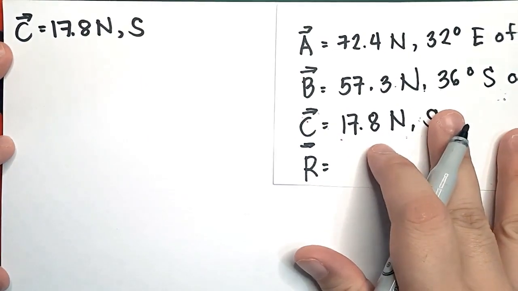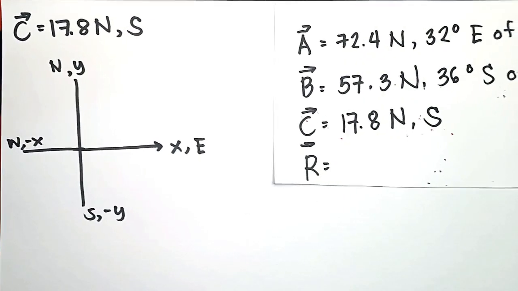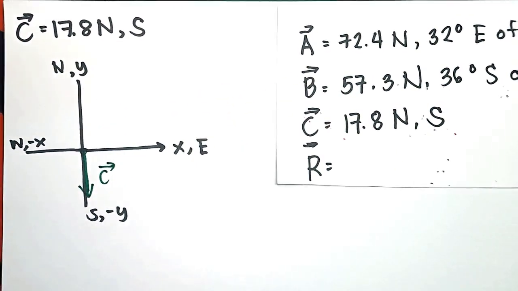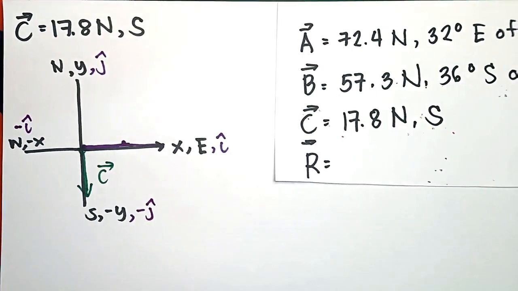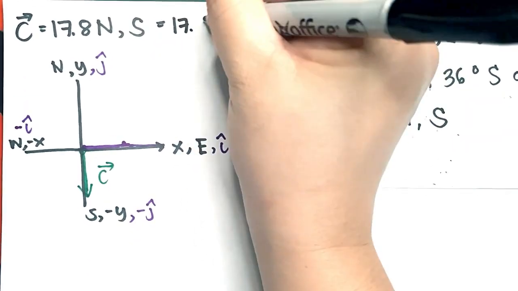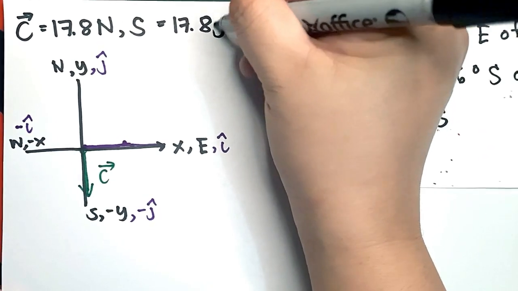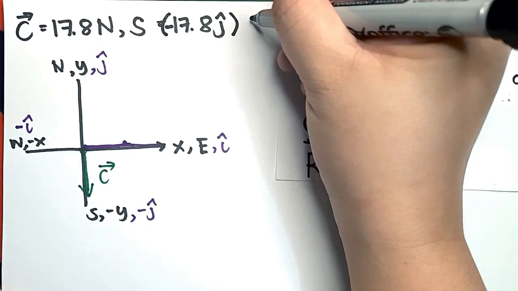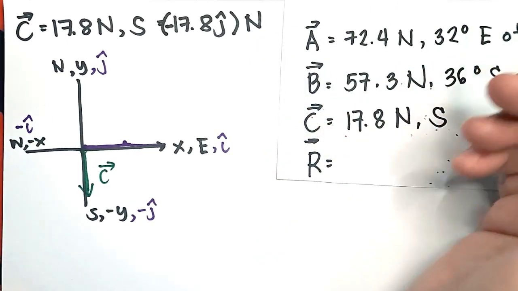Instead of using polar coordinate angles or directional angles, from the origin going south, this is my vector C. If we use unit vectors, my vector C can be written as 17.8, and since that is south, that is negative j hat, so negative 17.8 j hat, and in parenthesis, Newton. Usually the unit is outside the parenthesis.